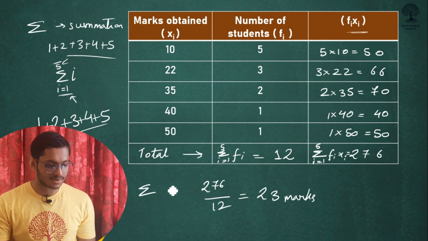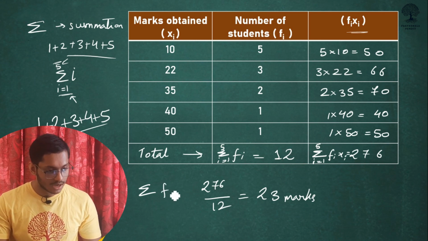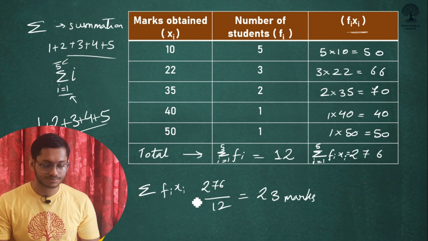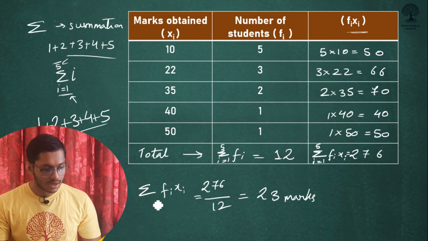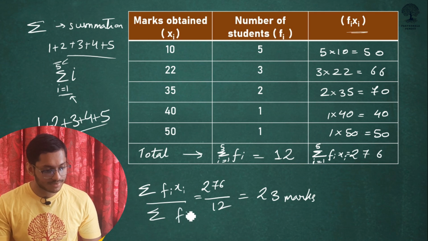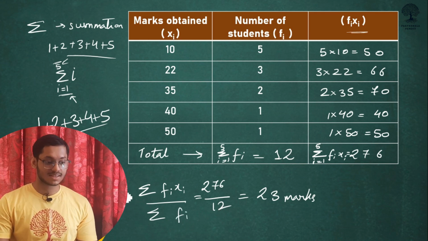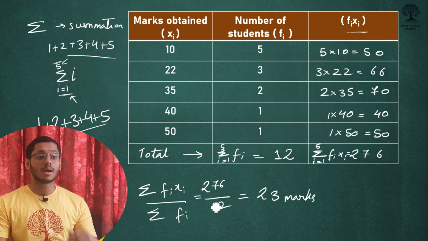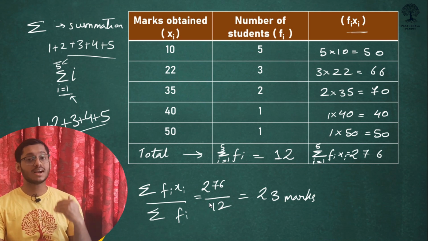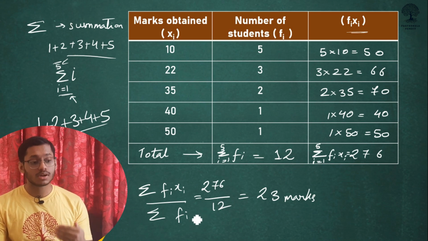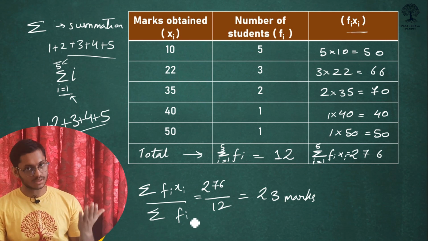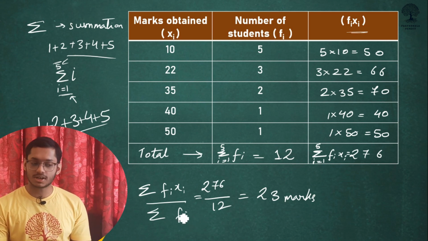Now I am just writing the summation symbol, no need of precision. I am just writing Fi xi, and below it is 12, so I will just write summation of Fi, correct? So this is how we find out the mean. This is how we find out the mean of grouped numbers.